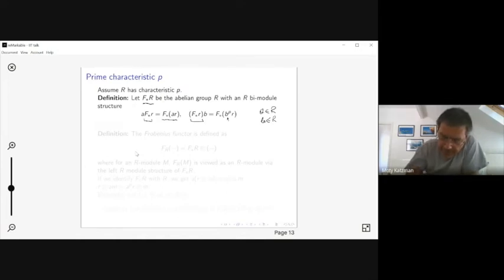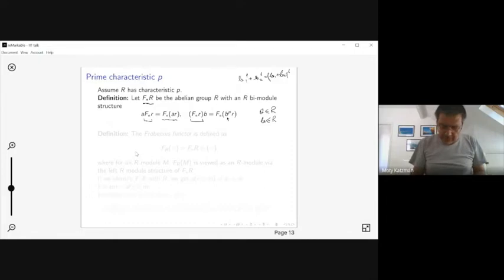And the fact that P1 to the P plus P2 to the P is P1 plus P2 to the P tells you that this definition gives you a plausible, a correct action of R on F lower star R as a right R module.